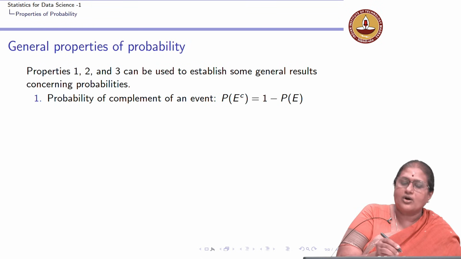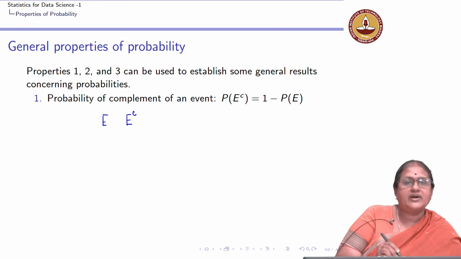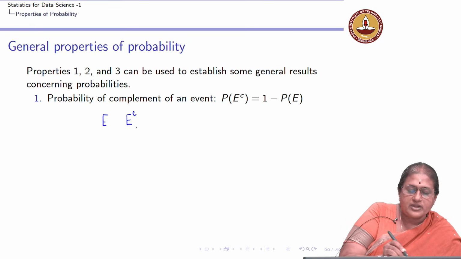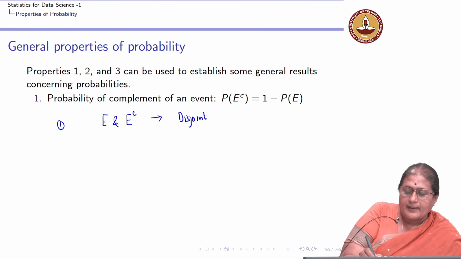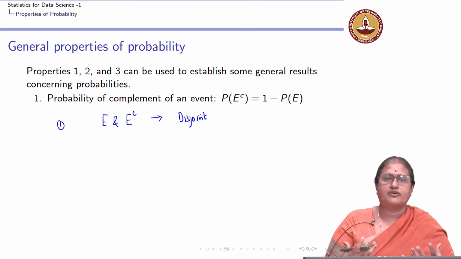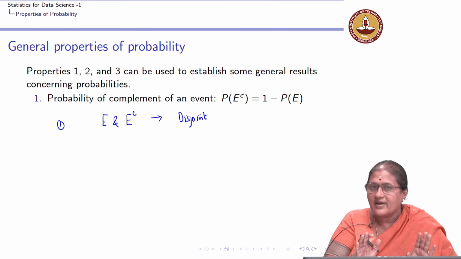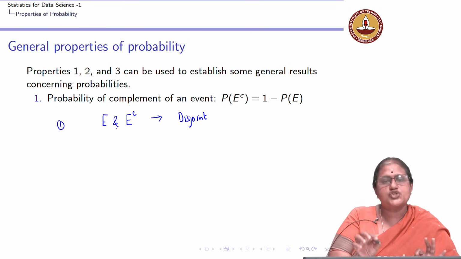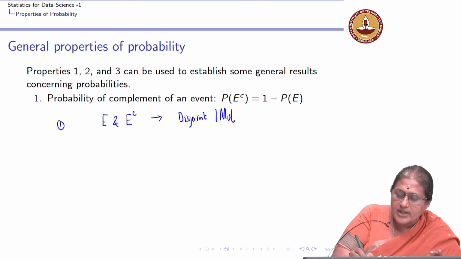Now, when we look at a complement, if E is an event, E complement is also an event. The first thing we need to understand is that E and E complement are disjoint. Why is this true? By the way we define it, E complement is the set of outcomes that are not in E, hence E and E complement will not have anything in common. These two events are disjoint, or mutually exclusive events.